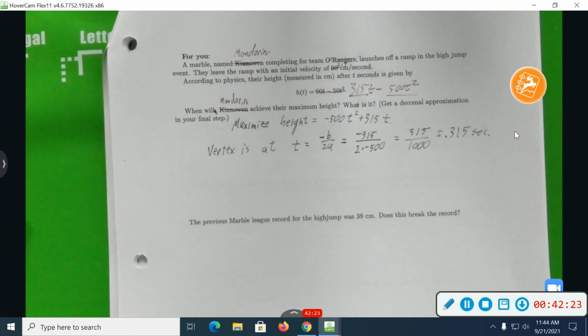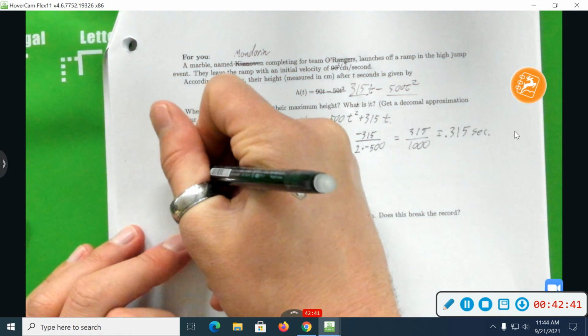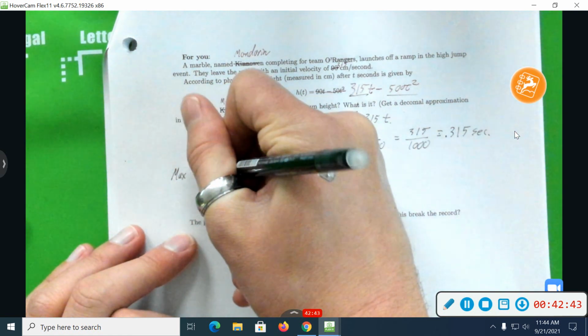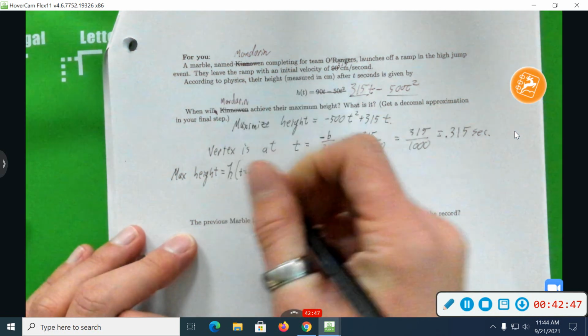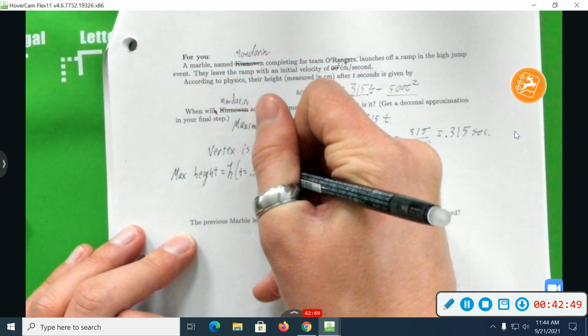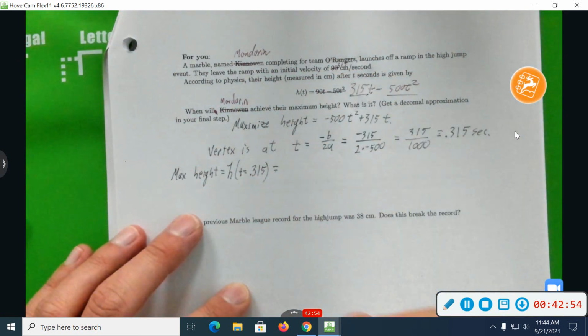How can we now figure out what the maximum height this marble achieves is? Yeah, this is the time when the maximum height is achieved. We have a formula for the height at that given time. So the max height is the height at time equals 0.315 in seconds, but I'll suppress units here.